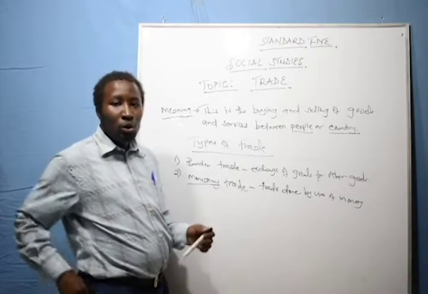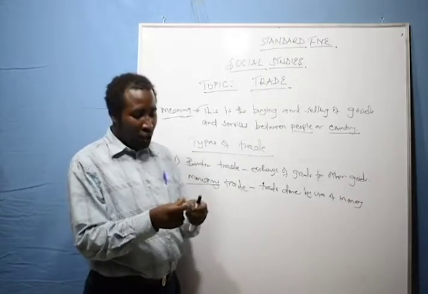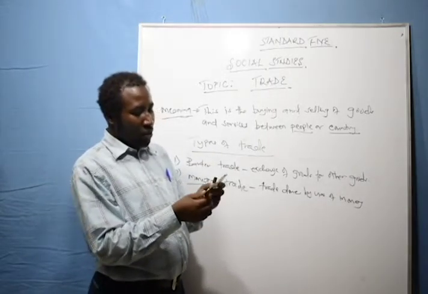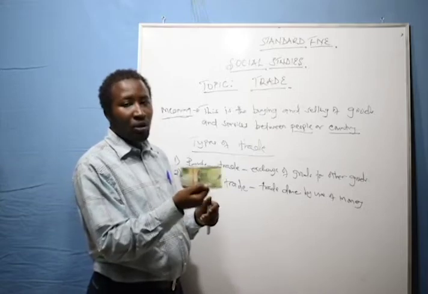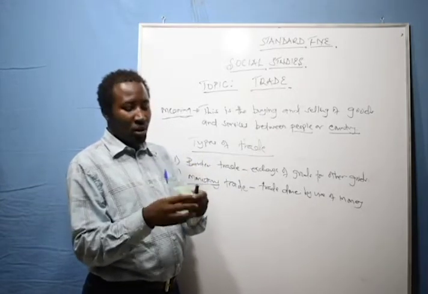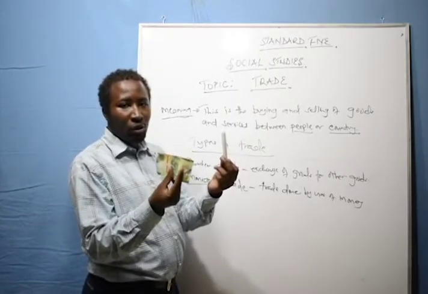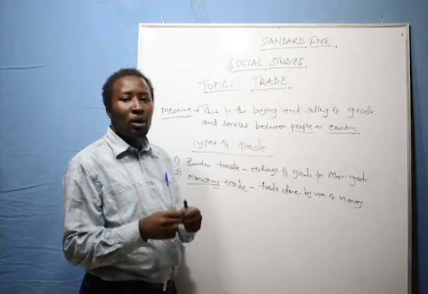You'd use money, our currency, which is known as the Kenyan shillings. That is defined by Banki Kuu ya Kenya, the Central Bank of Kenya. So by use of money, you could buy goods. For example, this pen was bought through money. So that is what we talk about as monetary trade.